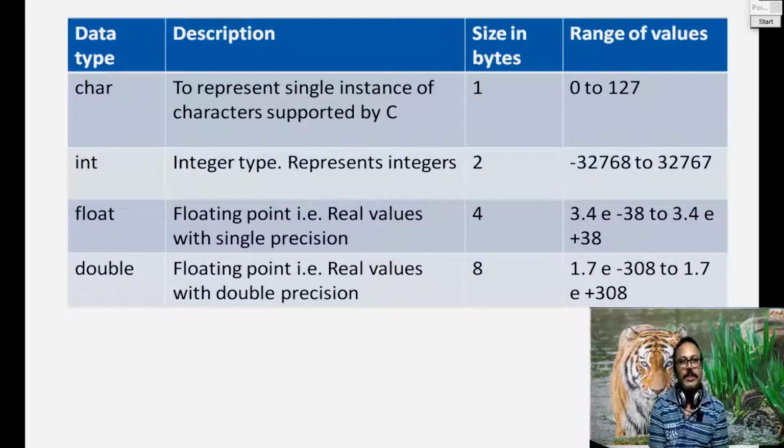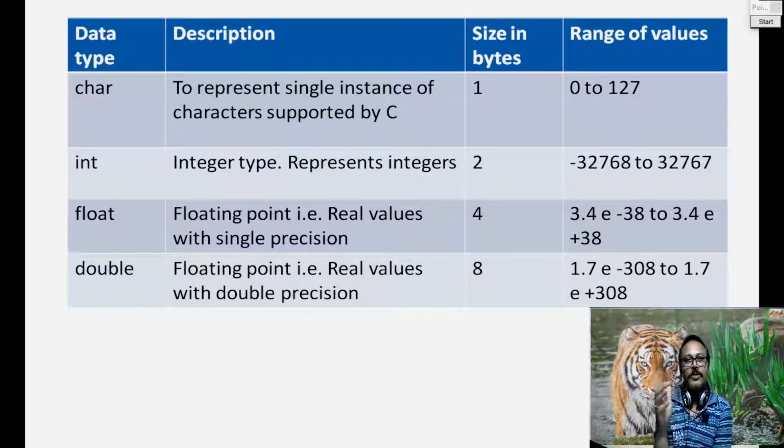So these are the basic data types: char, int, float, double. As the name indicates, char is used to represent a single instance of a character. It occupies only one byte, that too 7 bits, but nowadays 8 bits is also used.